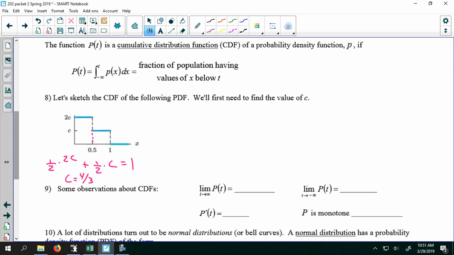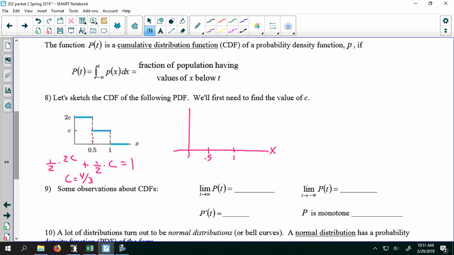So to sketch the CDF, the cumulative density function, we're accumulating the area under the PDF. So I'm going to draw a little axis, this is X. Let's see, I'm going to put on 0.5 and 1.